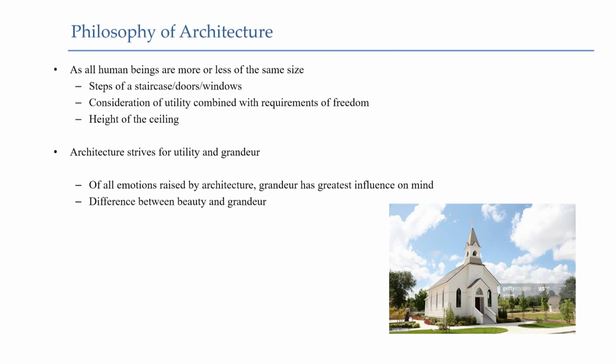So, if instead of 9 feet, you make the height of the ceiling 20 feet, suddenly it becomes very grand. And why does it become grand? Because to look at the height, you have to raise your head and raise your eyesight to a level which is much higher than the human level. In fact, it will be as high as looking at the sky.